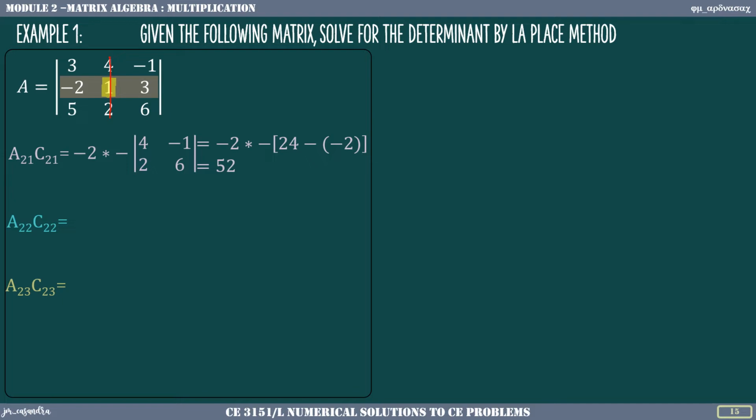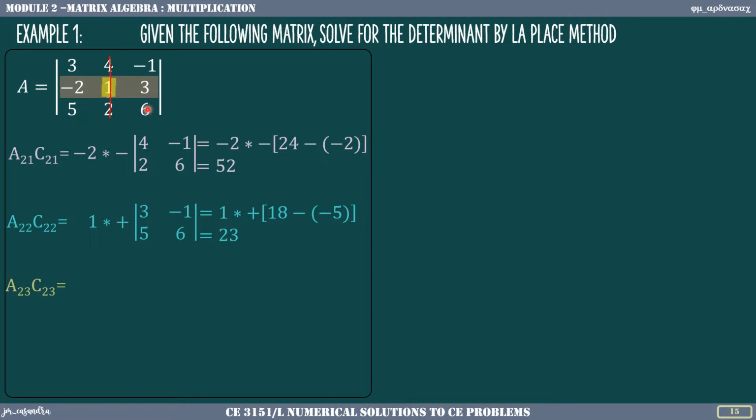So we'll have 1 times positive, since this is negative 1 raised to 2 plus 2, it's a positive value, times its minor matrix 3, negative 1, 5, and 6. Computing now, we'll have 1 times 3 times 6 is 18, minus 5 times negative 1 is negative 5. So the product of A22 and its cofactor is 23.